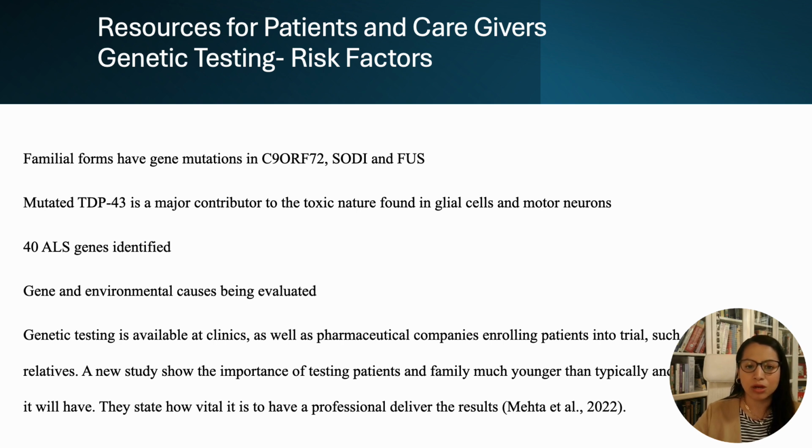Some big ones are SOD1, FUS, and C9ORF72. There are many ongoing clinical trials that are concentrating on these genetic mutations. Another big one is TDP-43. It's a major contributor to the toxic nature found in glia cells and motor neurons.